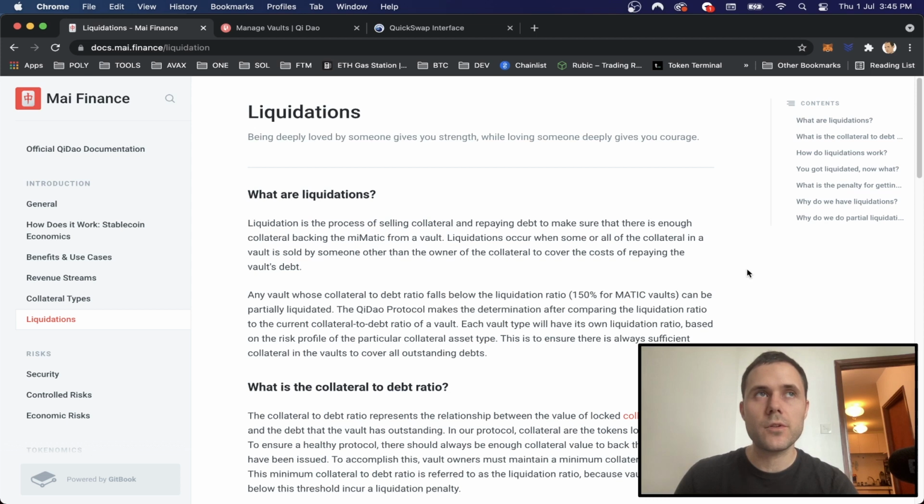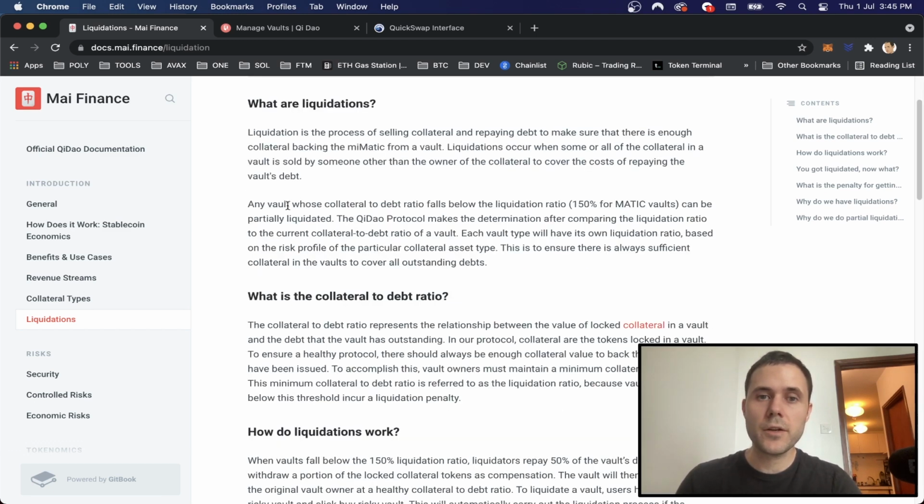So basically, if your collateral goes down in value and you're not able to add collateral or pay off your loan, then you may experience a liquidation, which means you are going to lose a portion of your collateral. This is defined currently as a ratio of 150% for Matic vaults. And then basically some of your collateral will be taken to repay your loan.